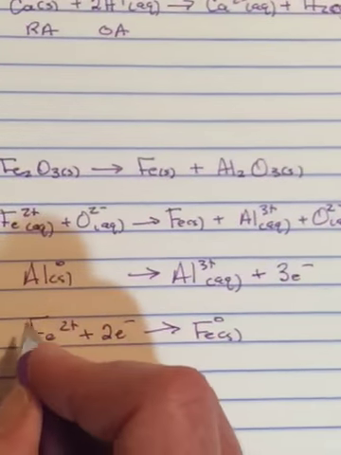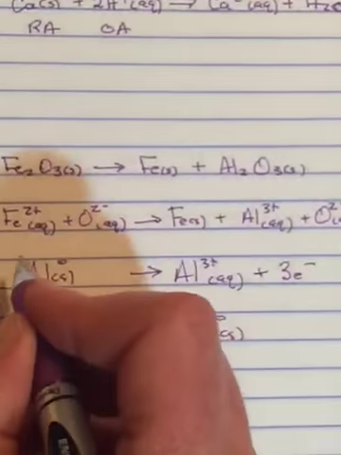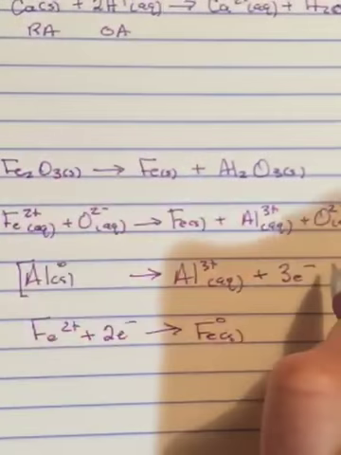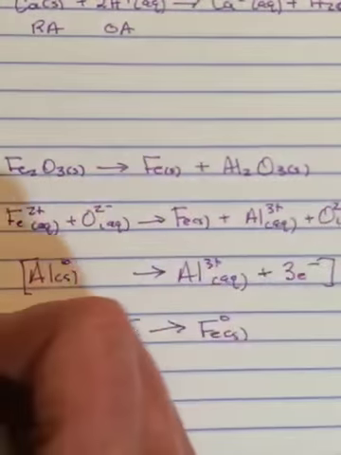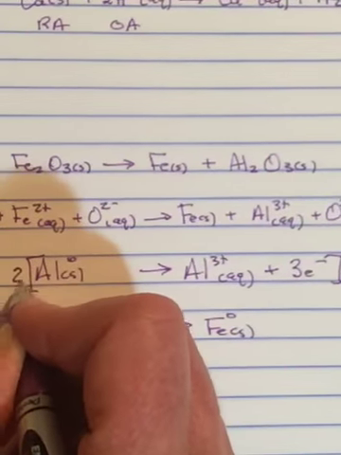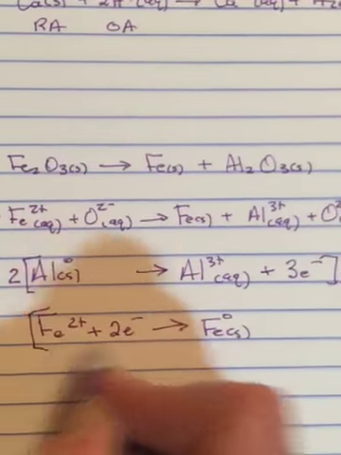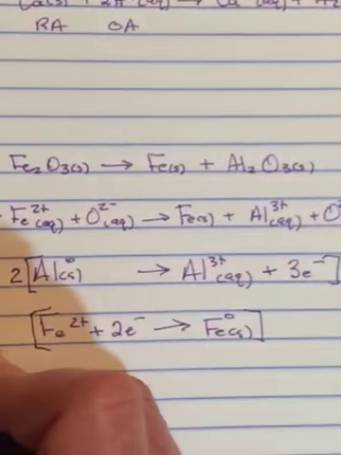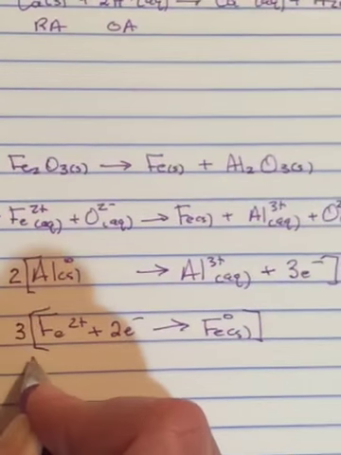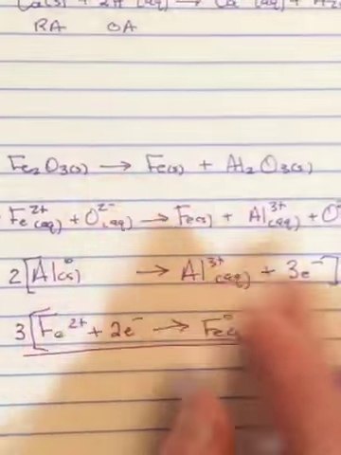All right. I can't add them together yet. They're not balanced. Need to multiply this one by 2. Need to multiply this one by 3, and now I can add them.